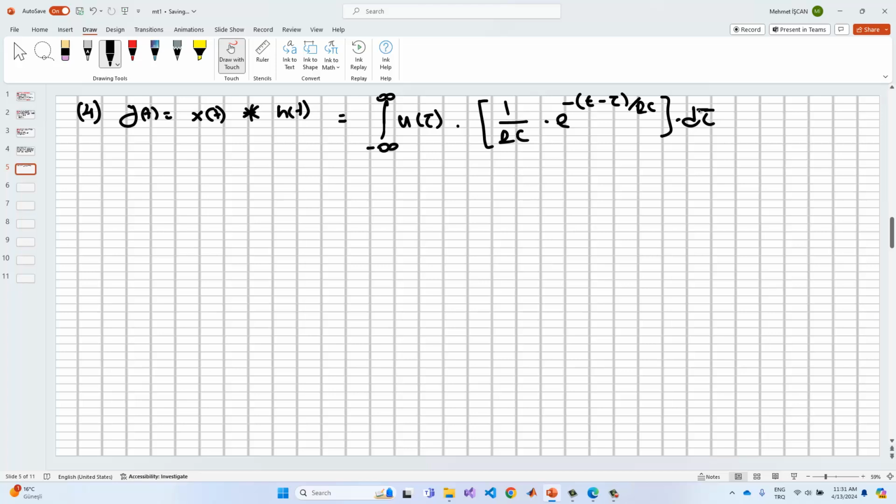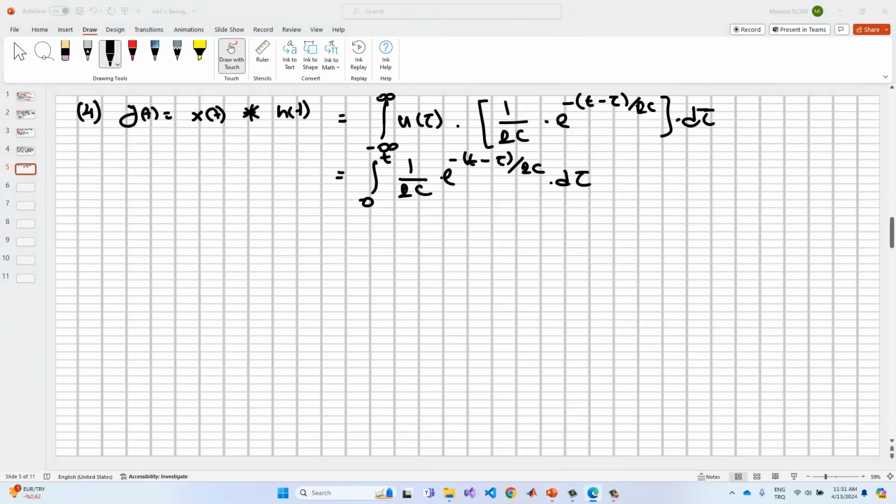Okay? And so if this is the unit step, we can write that 0 to T is the region in here, from 0 to T, and so we have 1 over RC times e to the minus T minus tau divided by RC times d tau. Okay, this is the integral to be solved in the convolution integral.